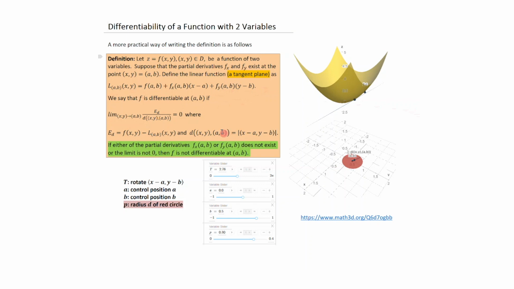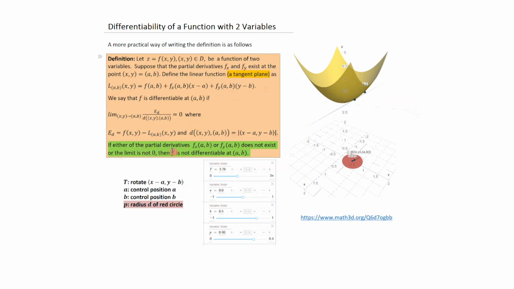It still is a distance, but because we are moving towards the point of interest, a, b, from all possible directions in the xy plane, the simplest way of defining that distance is the norm of the vector x minus a, y minus b, which would be the square root of (x minus a) squared plus (y minus b) squared. We'll look at an example much later on where we show how this is done. But that's the natural extension.